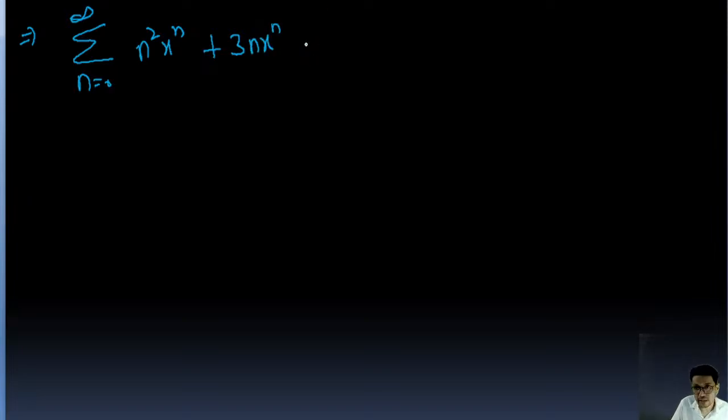So that implies sigma n equal to 0 to infinity, n square x to the power n plus 3n x to the power n plus 2n x to the power n, right?